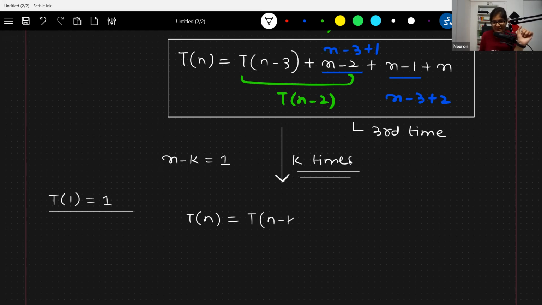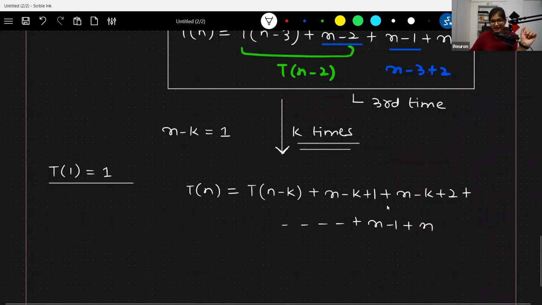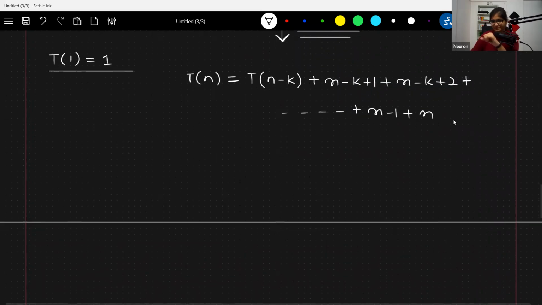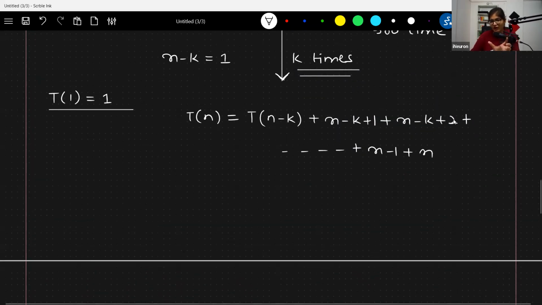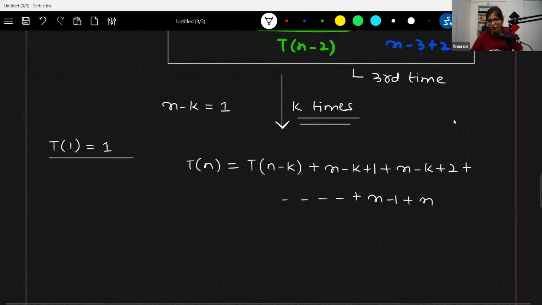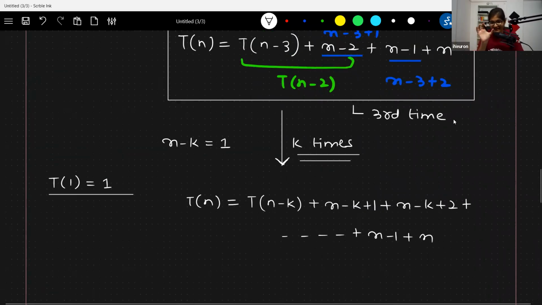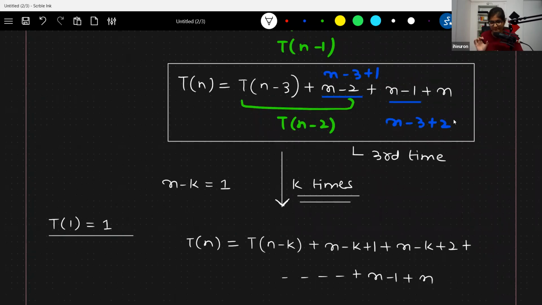T of n minus k plus n minus k plus 1 plus n minus k plus 2, and this will keep on going. At the very end, we will get n minus 1 plus n. Can I write like this? Just observe the above equation and let me know, is this pattern being followed or not?